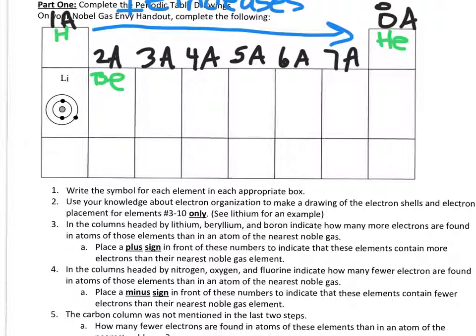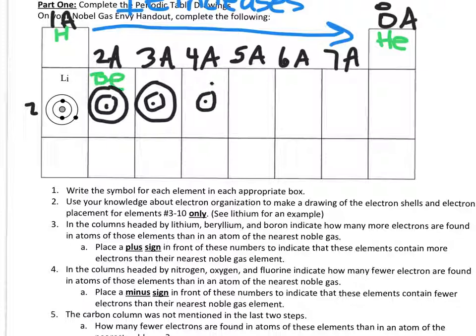Okay, we were making pictures, right, of the nucleus in the middle. Okay, and then remember this is group 2, so everybody in group 2 is going to have 2 shells or energy levels. Okay, so you can start by doing this. Okay, everybody's got 2 energy levels.